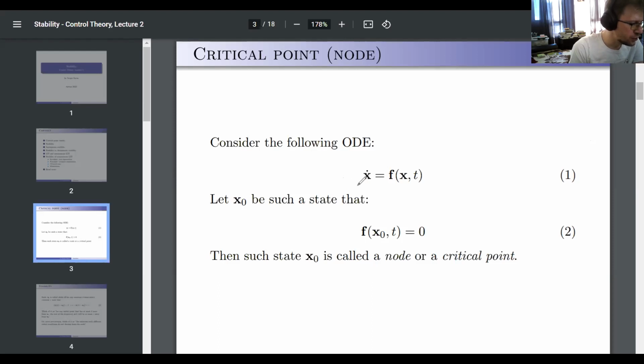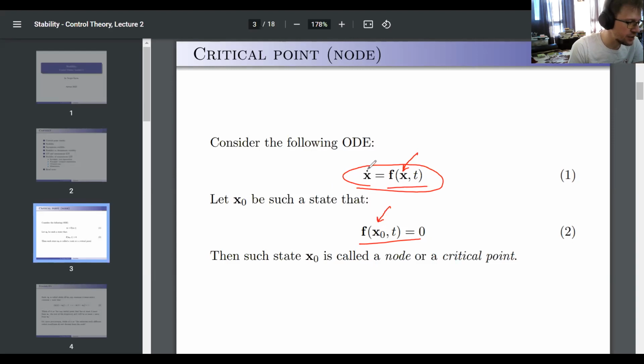So consider this ODE, just the ordinary differential equation, same as we saw yesterday. Assume you can find such a value of x, let's call it x naught, that this function turns into 0.